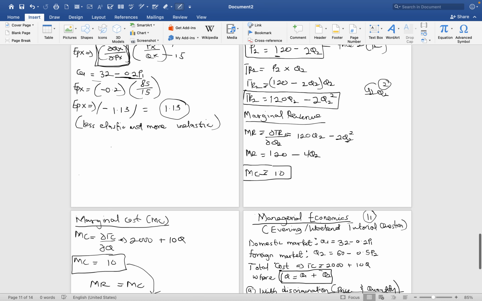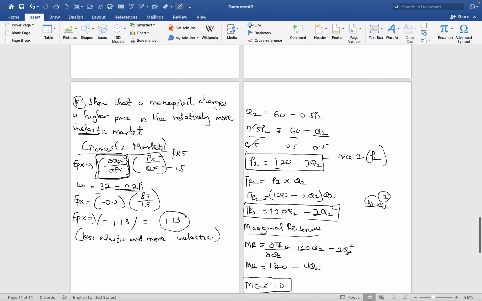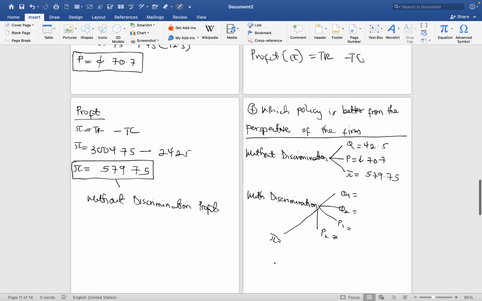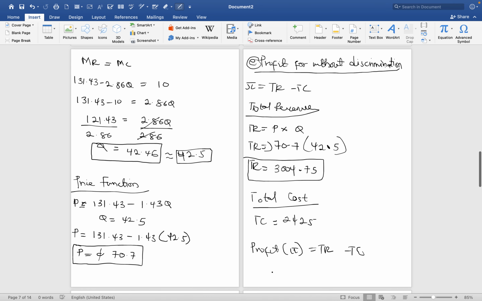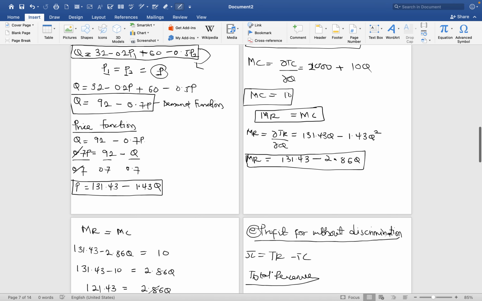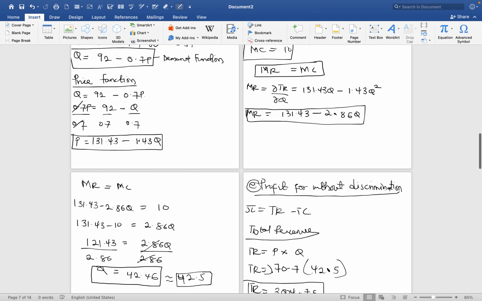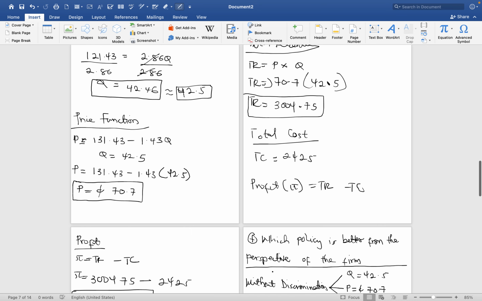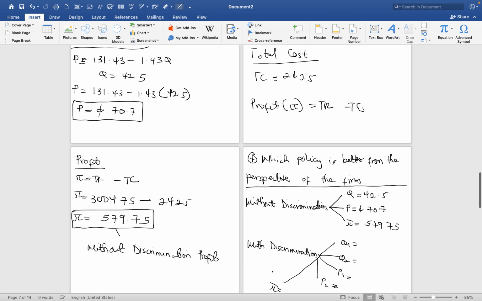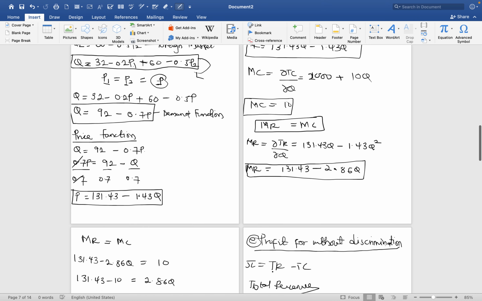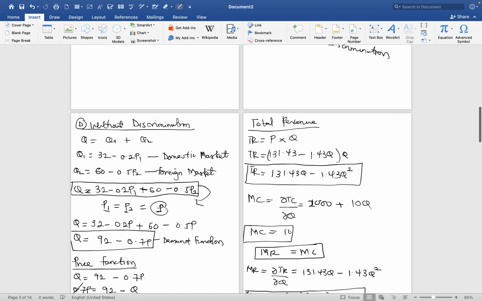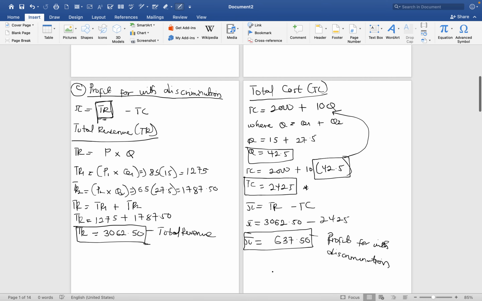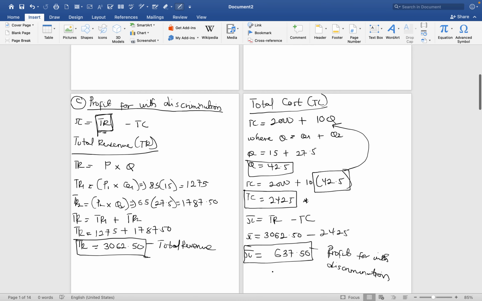So let's check out the profits for with discrimination. The profit for with discrimination is 637.50. So let's go back to what we were doing.